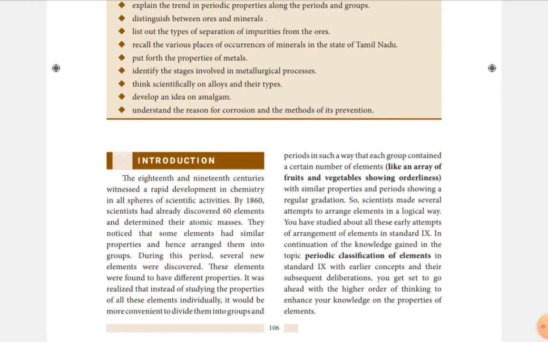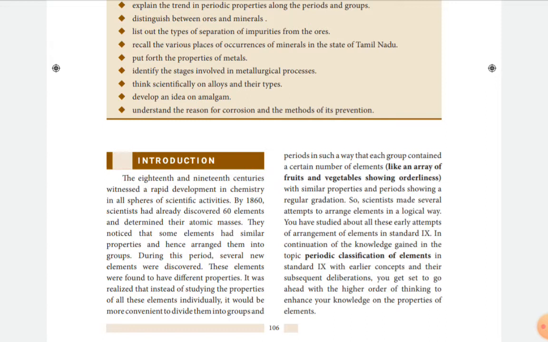Then, atomic radius. What is called atomic radius? It is the distance between the center of the nucleus and the outermost shell containing the valence electron. There are two types of atomic radius: covalent radius and metallic radius.